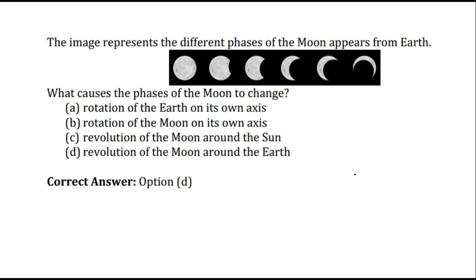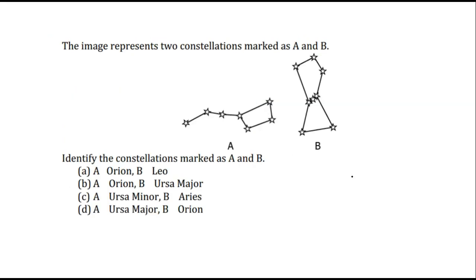Next, the image represents two constellations marked as A and B. Okay, two constellations are there. Now this is the constellation. Please recall, it looks like a Big Dipper.